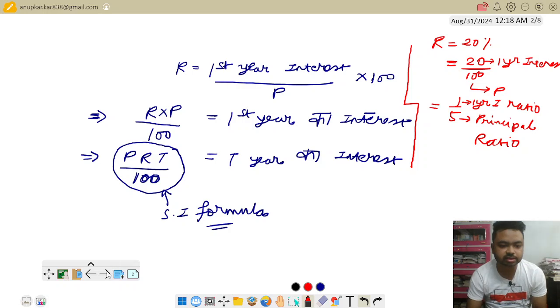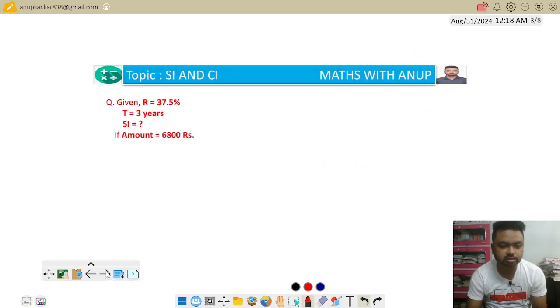Now let's proceed to a question to better understand. Here rate is given as 37.5%. If we reduce it to a fraction, we will be getting 3 by 8.